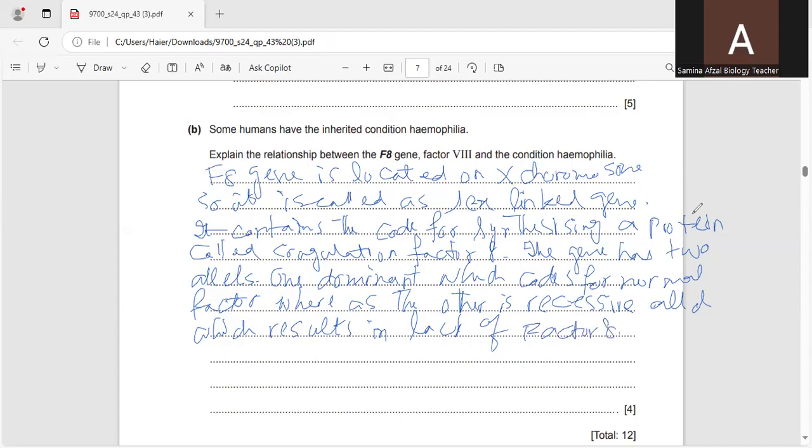So the persons having this problem do not clot their blood, and they have hemophilia.